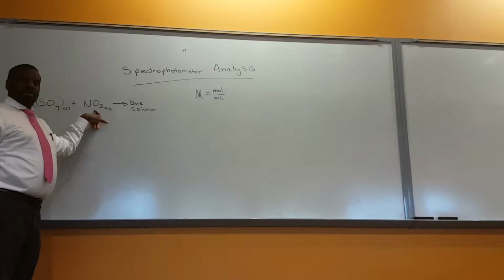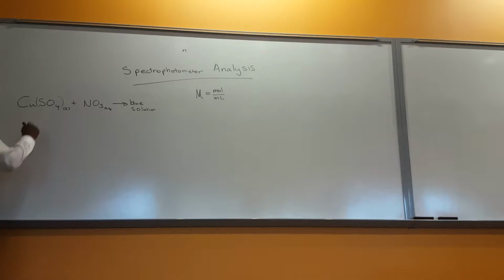I want this to be 1.0 molar. That's how concentrated I am. So how many grams of copper sulfate would I have to put in that solution? Let's say I have 1 liter of nitric acid.